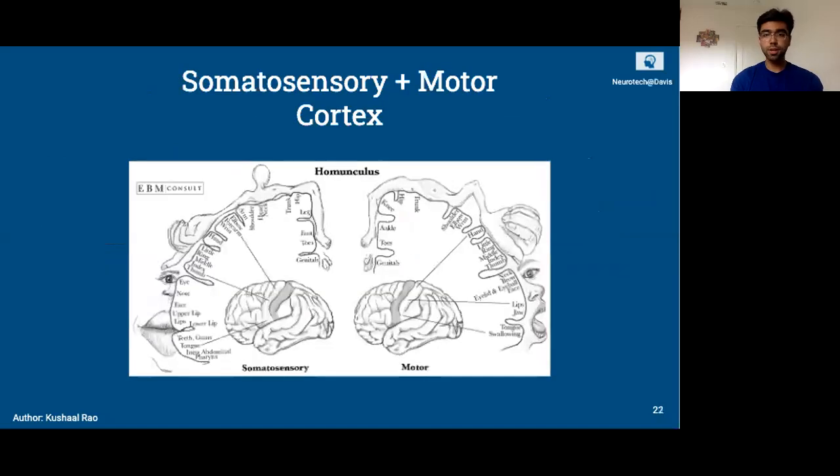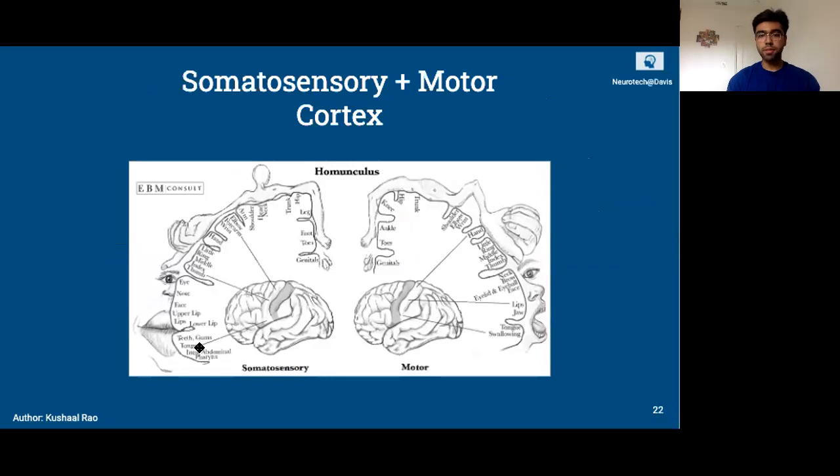Another key feature of the brain is the somatosensory and the motor cortex. We talked about this briefly earlier. It's situated between the frontal and the parietal lobes. Just take a moment to look at this diagram right here.